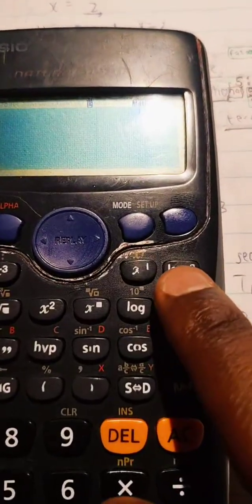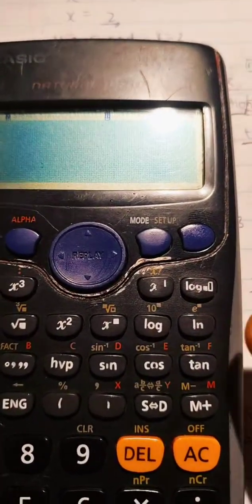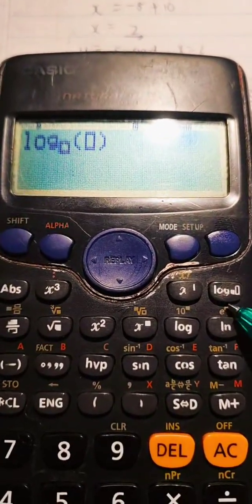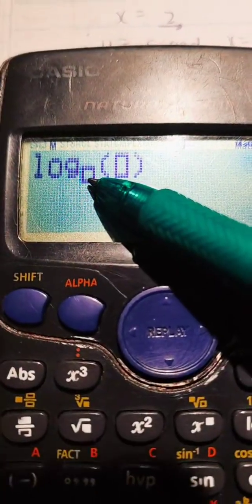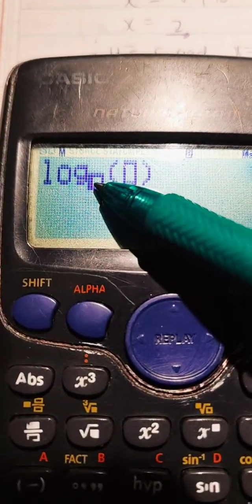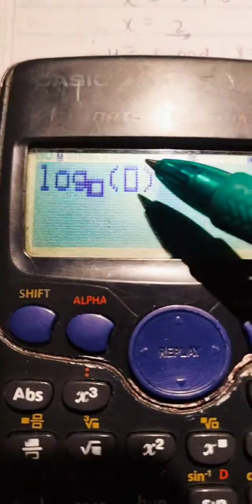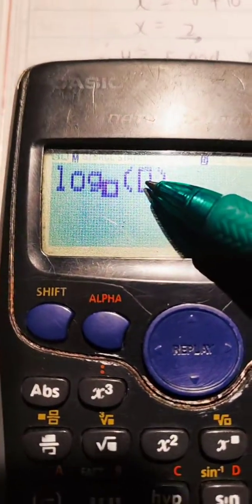You simply go to the log button. Thank you, Luan. You press that log button, and we see there are 2 little boxes: the base box and the box for the number on the other side.